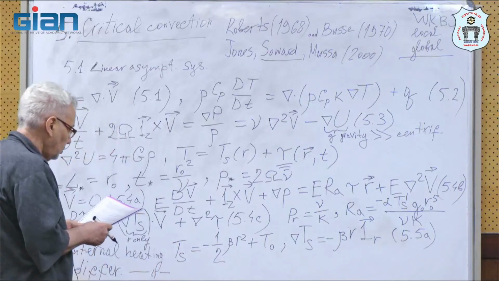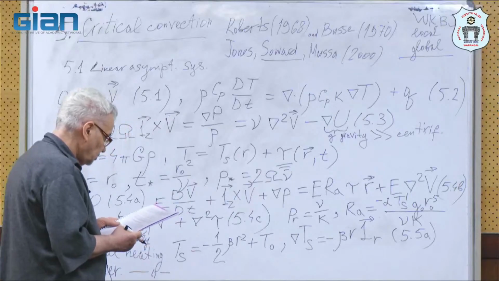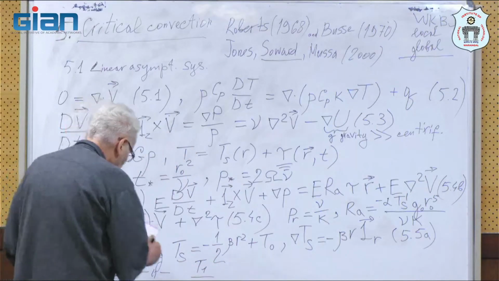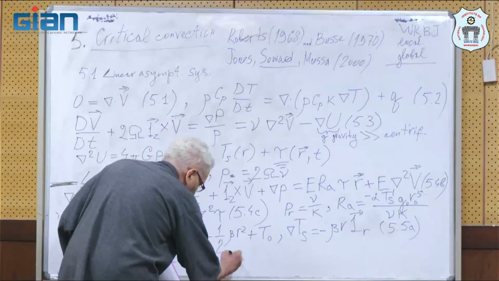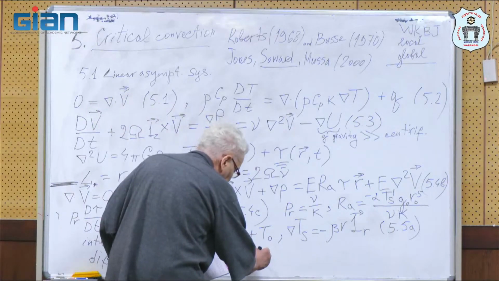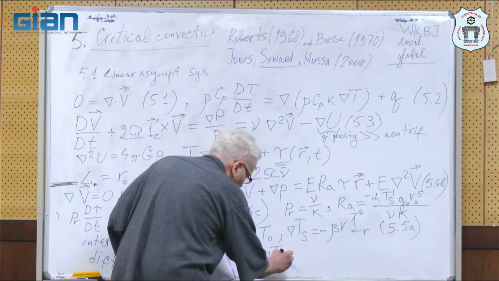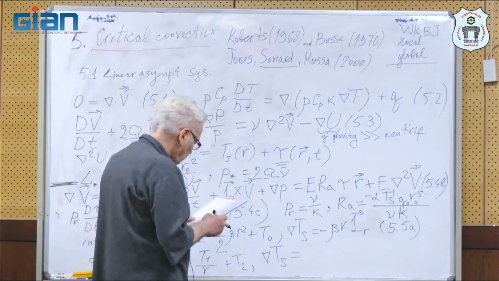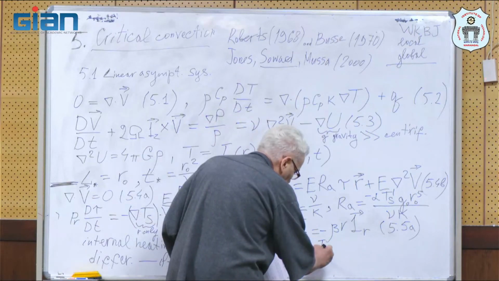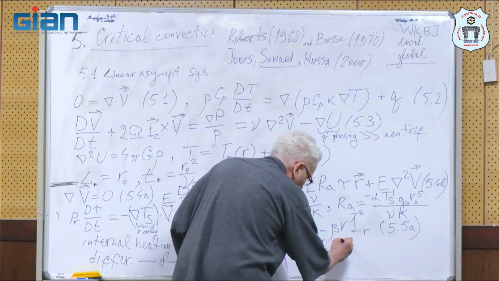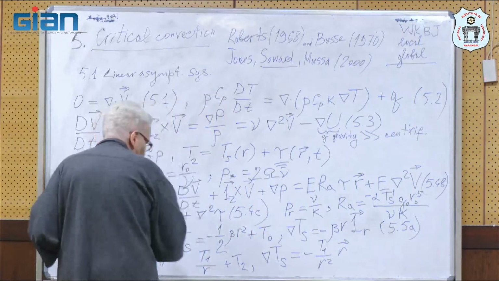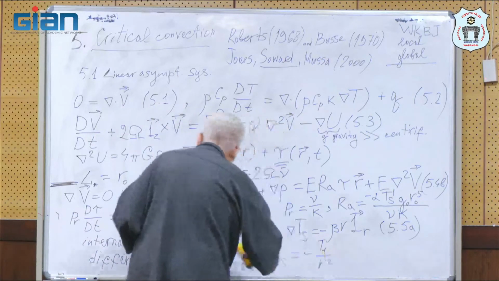Of course again heating, the similar Ts is T1 over r plus T2, and the gradient is again negative, minus T1 over r squared, the unit vector in the r direction.